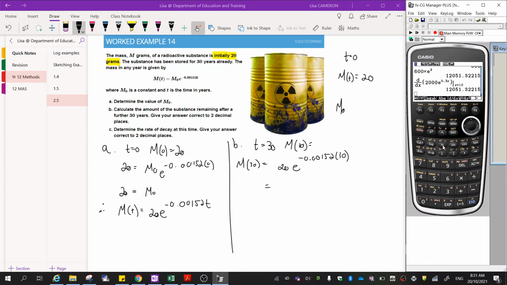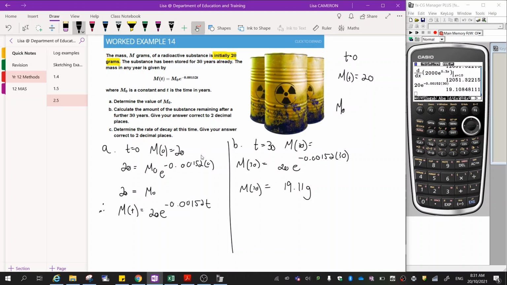Okay, so go over to my calculator, chuck that in straight away. That gives me 19.11 grams, assuming that this thing is in grams. So after 30 years, there is 19.11 grams.